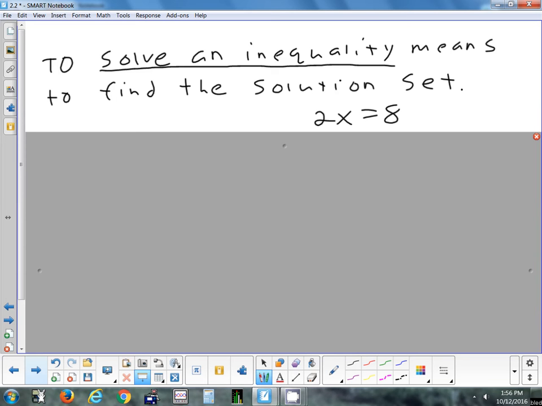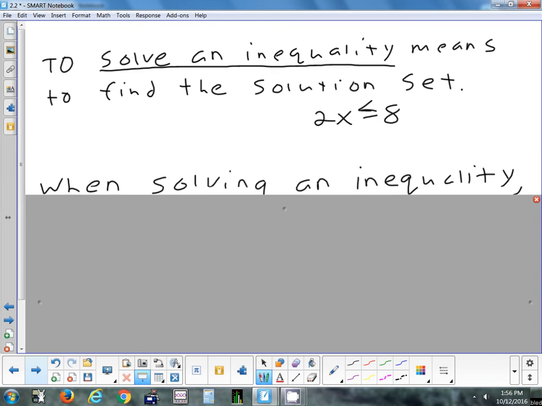It's not a set of answers, it's the only answer. But if we change it to something like this, 2x is less than or equal to 8, now we're going to get a bunch of answers. We're going to get answers from a certain number down, every number that's below a certain number. We're not going to solve one quite like this today, but we'll get to those kind tomorrow.